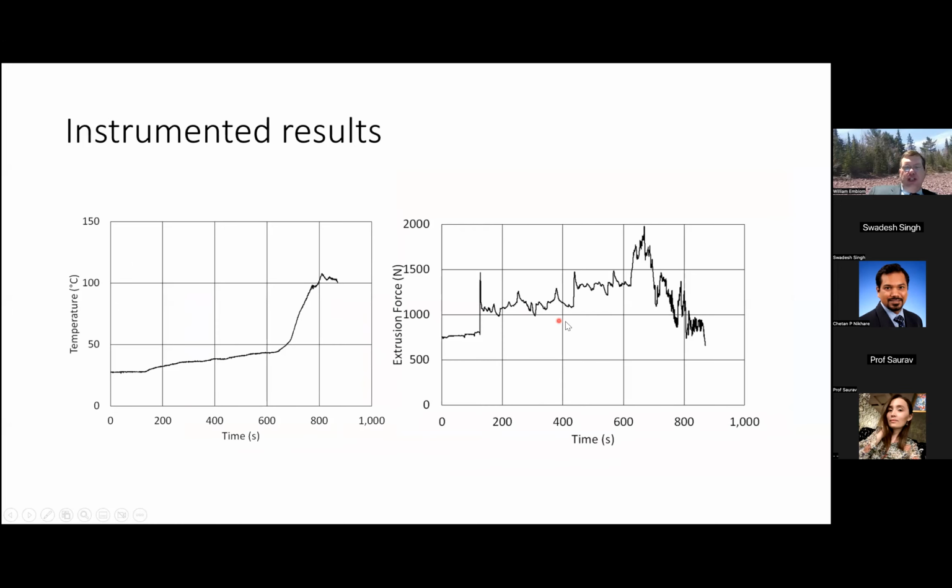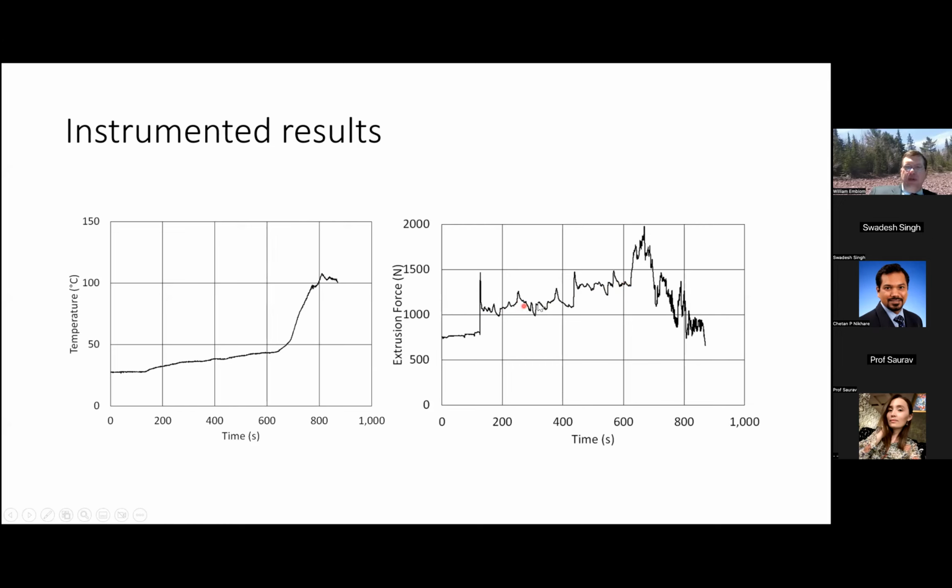With this machine, we could measure the temperatures, and what was surprising is that for our early tests we only got temperatures up to a little over 100 degrees. And you can see that our forces, with a relatively constant advance of our probe as it plunged into the workpiece, were somewhat noisy, should I say.